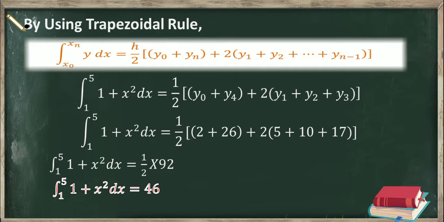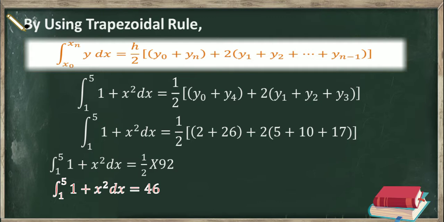By using the trapezoidal rule, integration x0 to xn of y dx is equal to h by 2 times y0 plus yn plus 2 times y1 plus y2 up to yn minus 1. We have to find integration 1 to 5 of 1 plus x square dx, which is 1 upon 2 times y0 plus y4 plus 2 into y1 plus y2 plus y3.